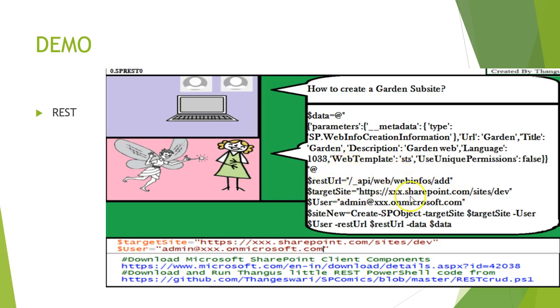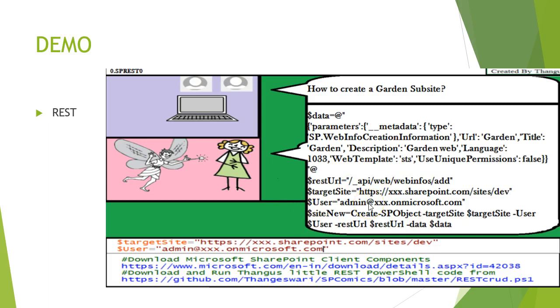And then of course you need to give the site and the user and the credentials. I've just created this, and even from Microsoft you can get that. This is for SharePoint Online only. So just download the GitHub code from this link, REST, and just run that, and after you run that you can just call the create SP object or update SP object or read SP object or delete SP object.